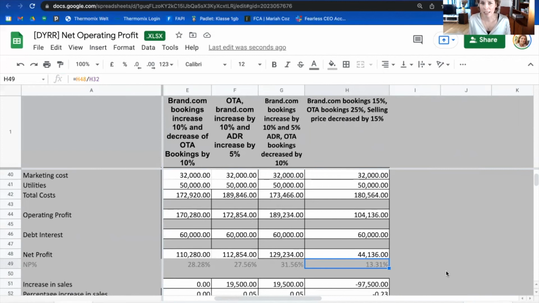So cutting the price even in a crisis is not going to bring you that far, because your net profitability is going to suffer. So if we would like to achieve high revenue, we need to focus on increasing the price, but not only increasing the price, also on the distribution channel where we are selling.